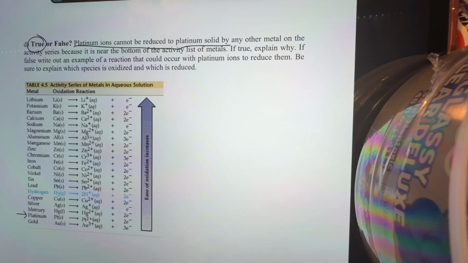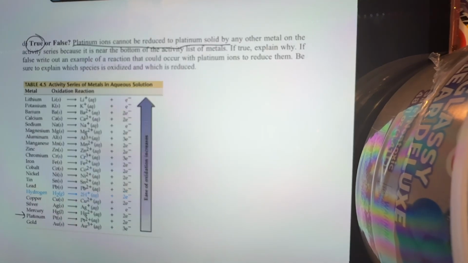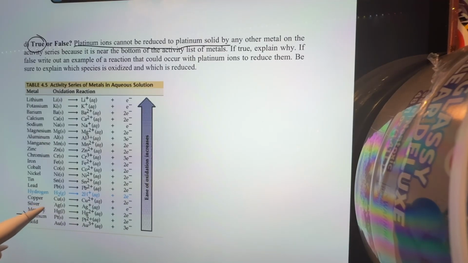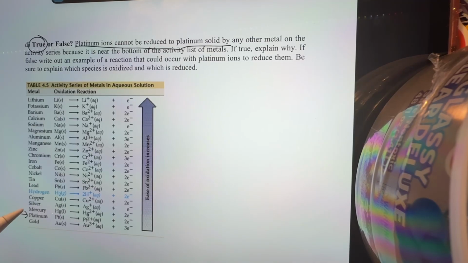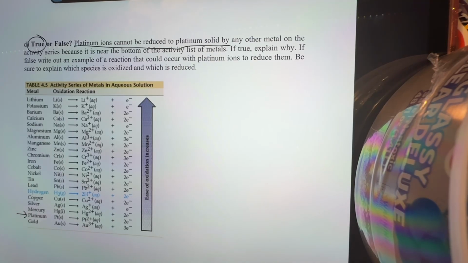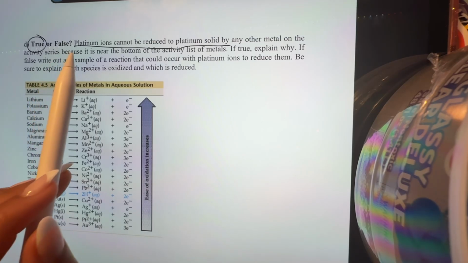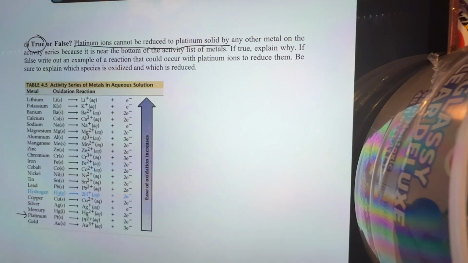Why do I think it's true? I think it's true because the closer you are to the bottom of the activity series, the less reactive the metal is. And since it's unreactive, it's not going to be able to be reduced into a solid. Yeah, because platinum ions cannot be reduced to platinum solid. That means this would have to be flipped, but it wouldn't do that because it's very unreactive, so that wouldn't happen.